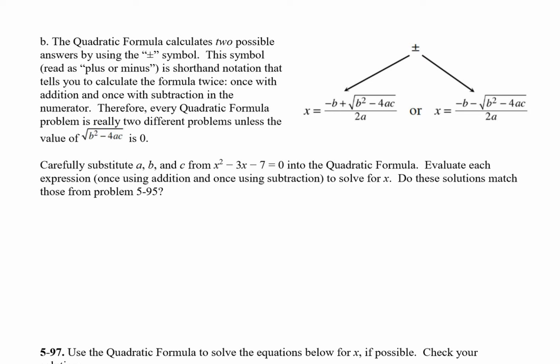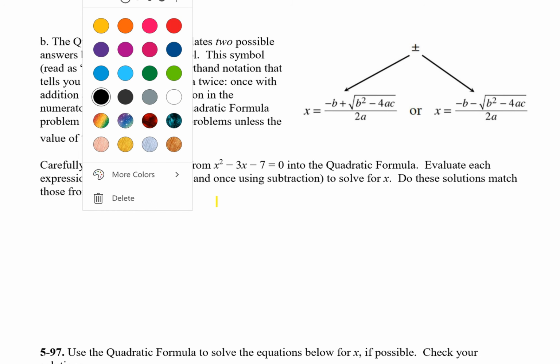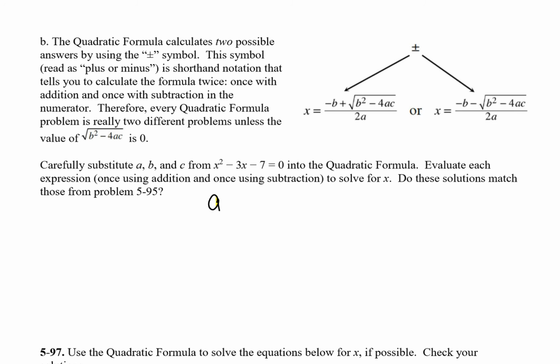We had that a was equal to 1, b was equal to negative 3, and c was equal to negative 7. So the quadratic formula, let me write that down also: x equals the opposite of b plus or minus, then we're going to have the square root of some stuff.